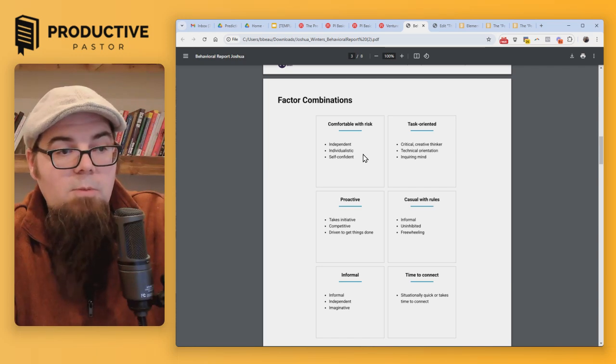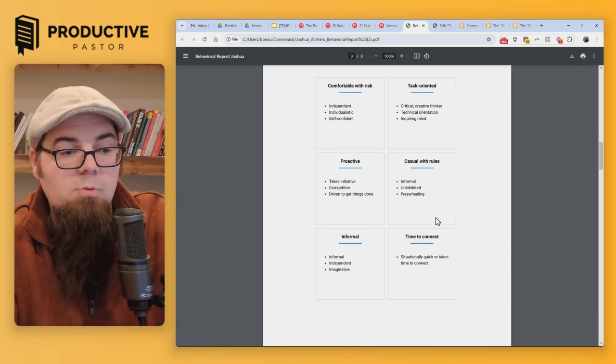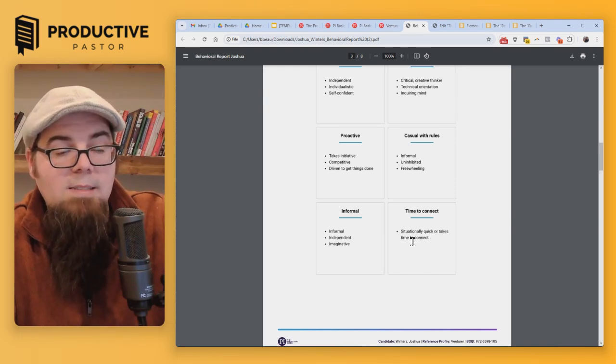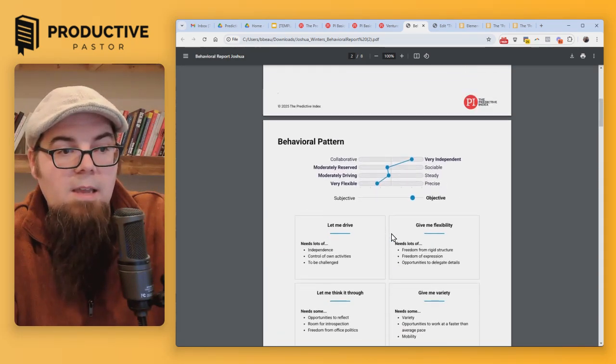So very quickly, we can see that this person is very comfortable with risk, very task-oriented, very proactive, casual with rules, informal in their interactions with people. And then we see this new word pop up here, situationally quick or takes time to connect. And the reason for that is because these 2 dots are so close together that this person can naturally flex one way or the other.